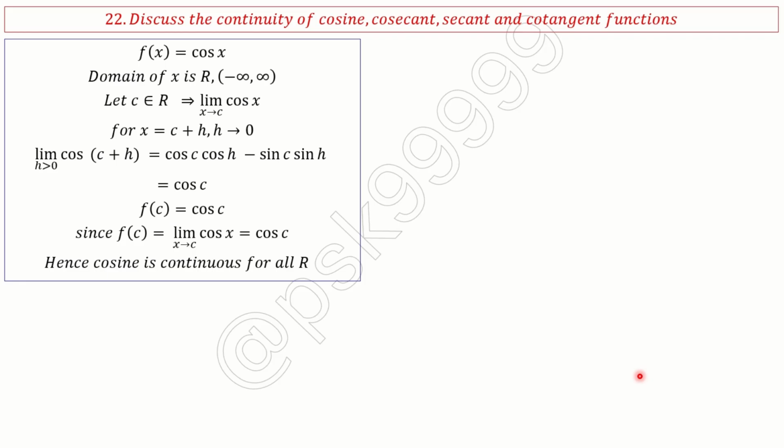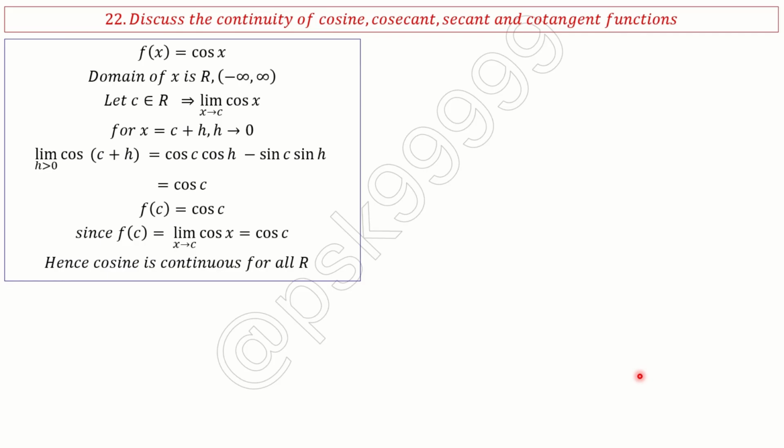Let's take cos x. Cos x domain is minus infinity to infinity. Let's say c belongs to R and the limit x extends to c of cos x. Okay, for x equal to c plus h, where h tends to 0. This is nothing but your RHL, right? So limit h tends to 0, cos of c plus h, which is nothing but, by definition of cosine of a plus b, cos c cos h minus sin c sin h.